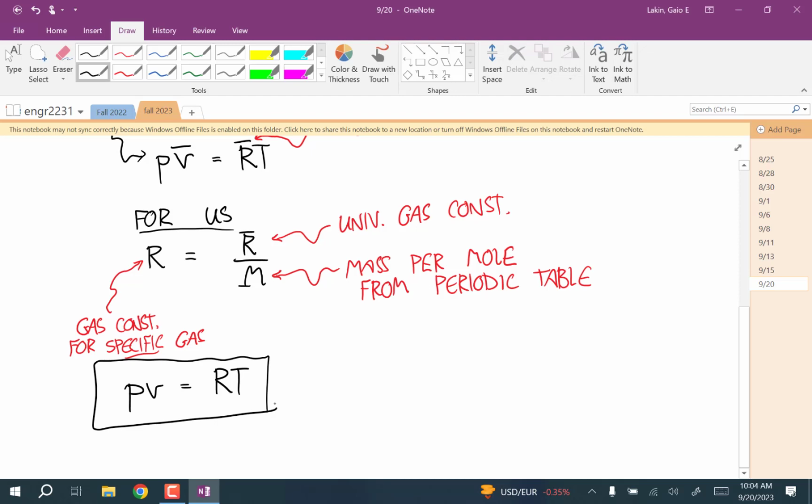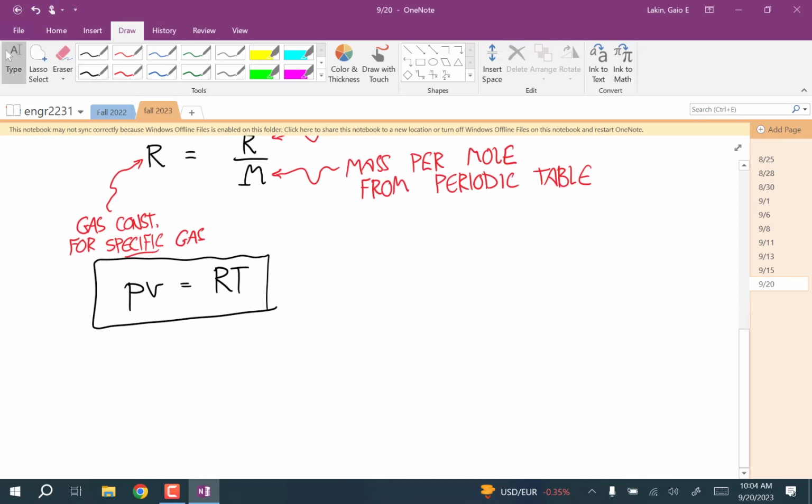Why are we going to use that one? Because the three variables that we're dealing with here are all things you can find in tables. That's why that's more useful to us. Notice that, so what does this let you do? For a superheated vapor, a gas that's not at saturation, how many properties do you need to specify any other property? Right, you need two.